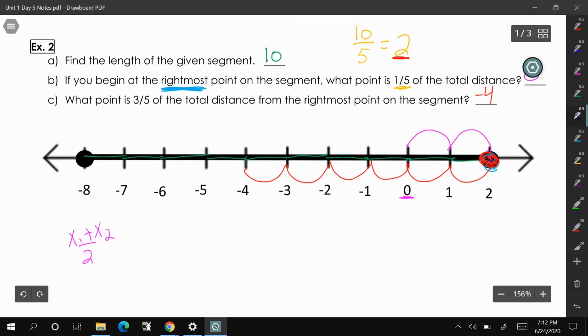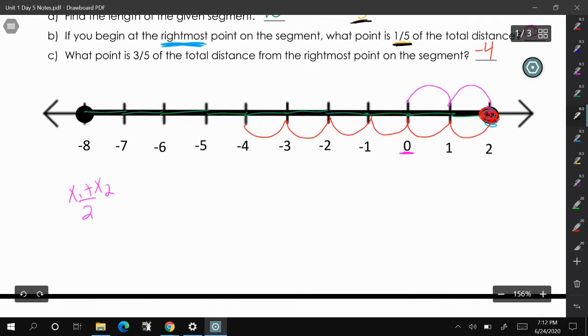So down here, we wanted 1/5, so we divided by 5. So whatever we want to cut our segment into, we would just add the coordinates and divide by whatever number it was, 5, 4, whatever it is.